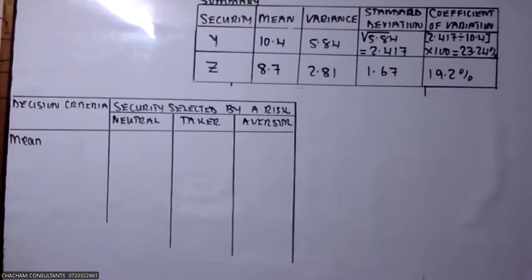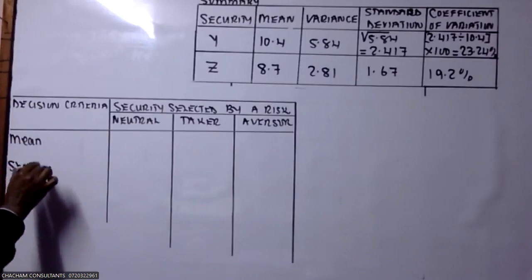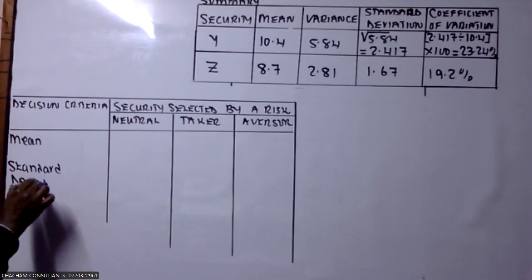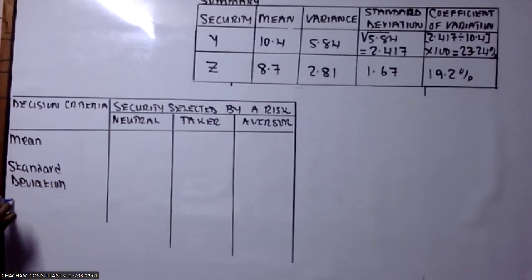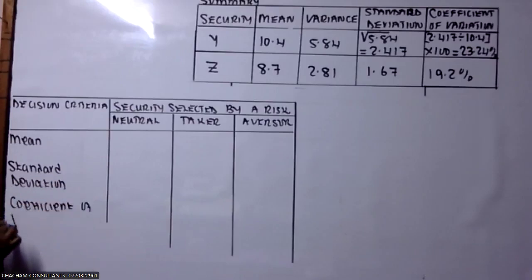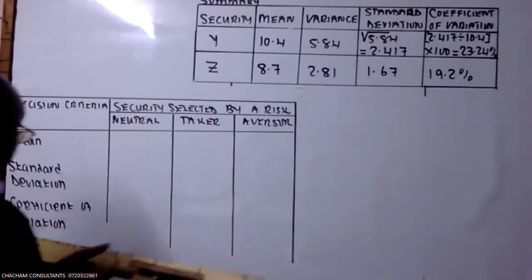Then the next one is the standard deviation. And the last one is coefficient of variation.